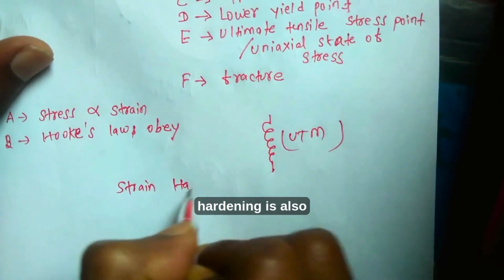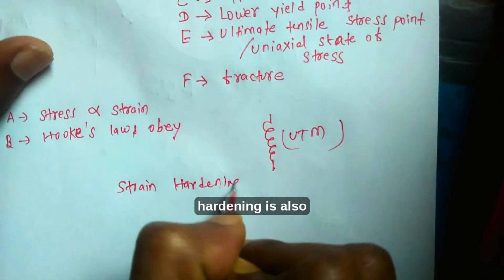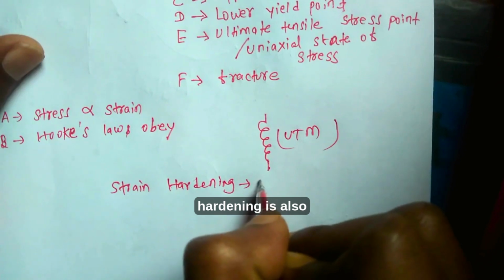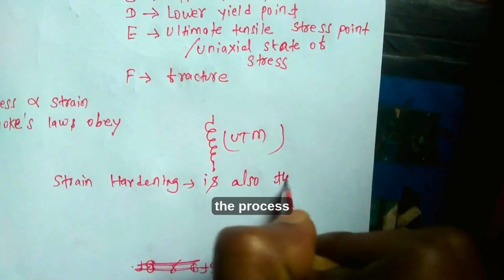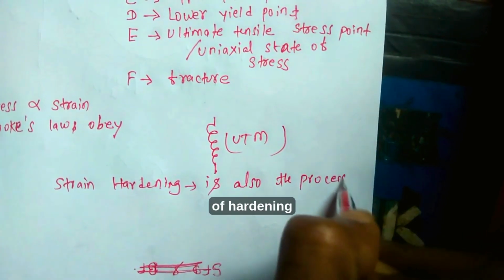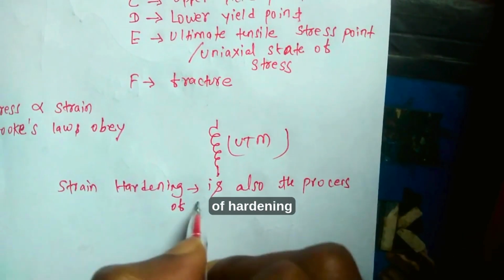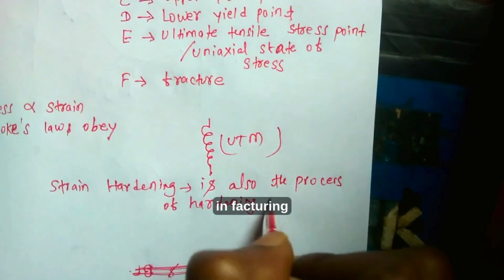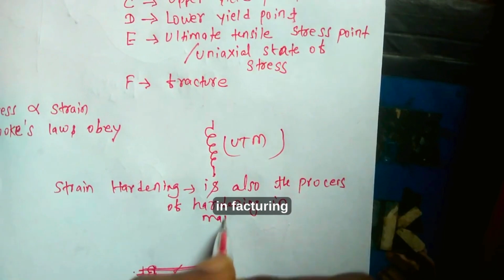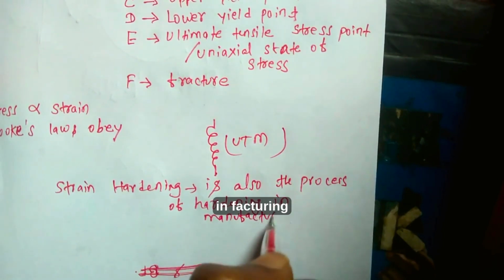Strain hardening is also a hardening process used in manufacturing.